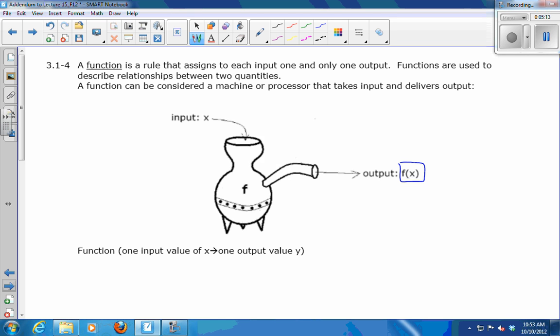So I always think of a couple of everyday things to help me remember what a function is. So for example, a television is a function machine. You input a number, the channel, and the output is what comes up on your screen. Okay.